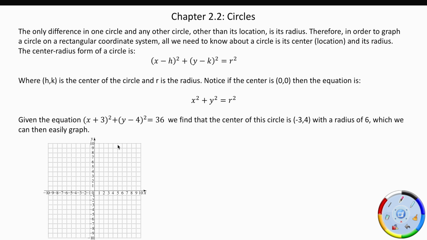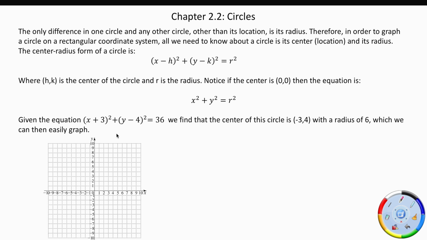So if we were given the circle with this equation, I can tell immediately that my center is (-3, 4). Now, why -3, you might ask? Because pay attention to the formula for the circle. It has a minus in it.